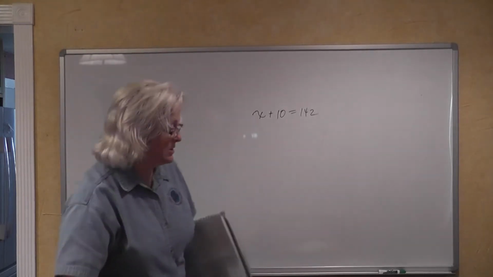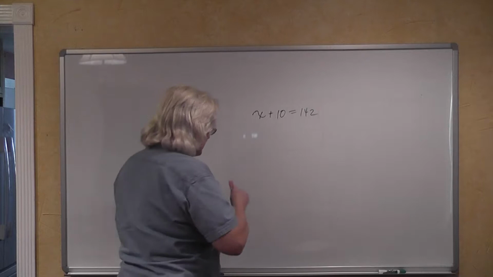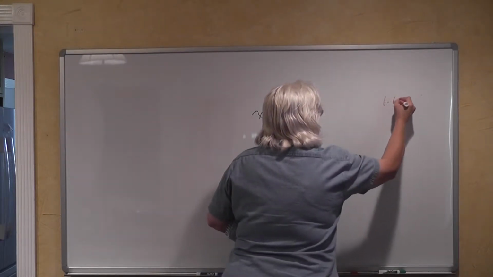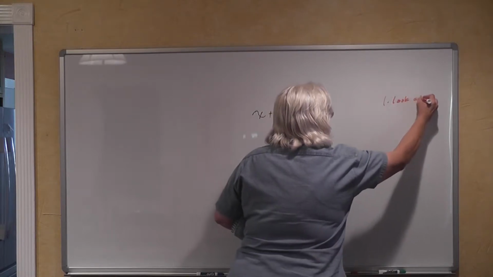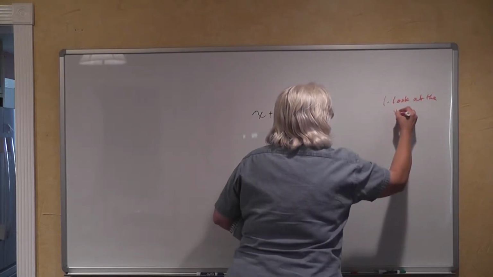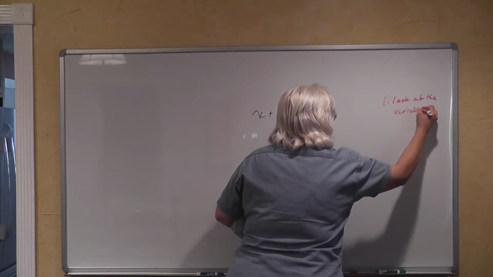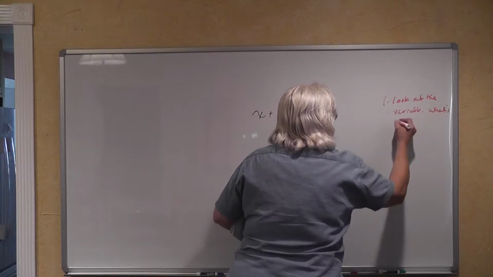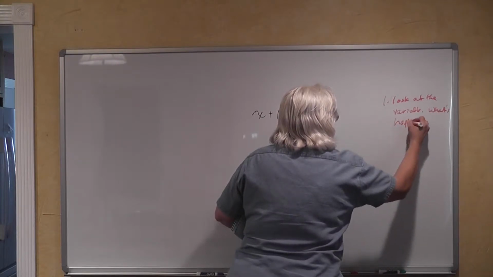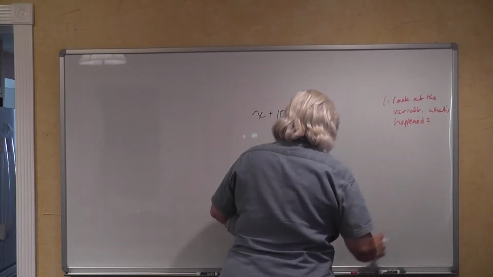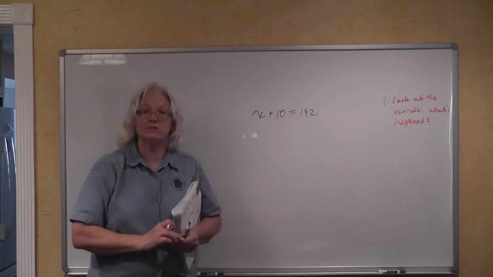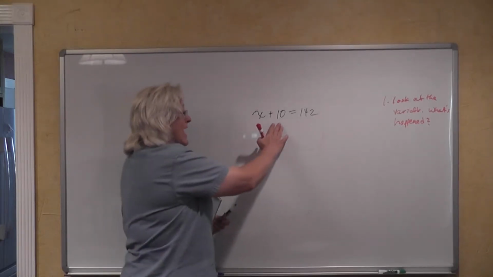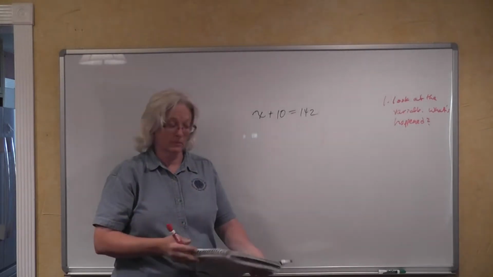Well, first, we want to look at the variable. What has been done to it, or what's happened? If we started with x, what happened? Well, we added 10, okay?